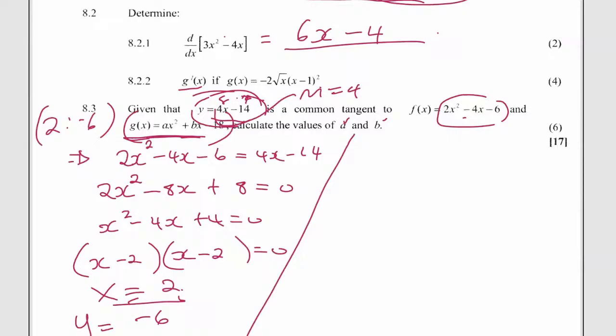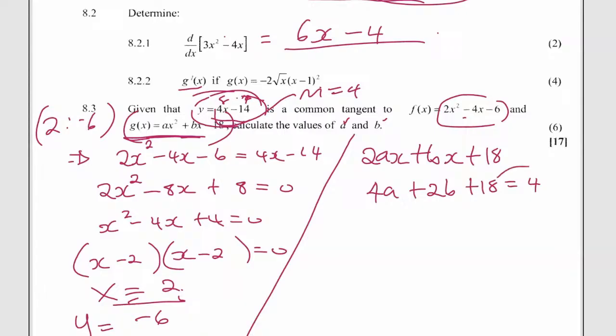So my first derivative is going to be 2ax plus bx plus 18. Now, if x is 2, I'm going to equate this to 4, meaning that I have 4a plus 2b plus 18 should be equivalent to the gradient, which is 4. Let's move the 18 that side, meaning that 4a plus 2b gives us negative 14.